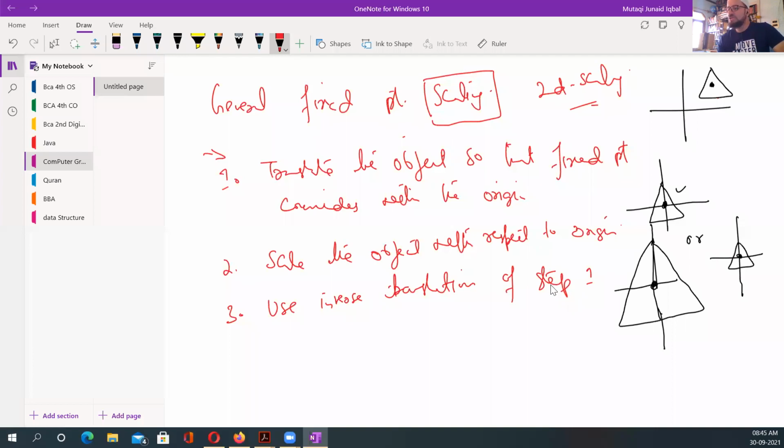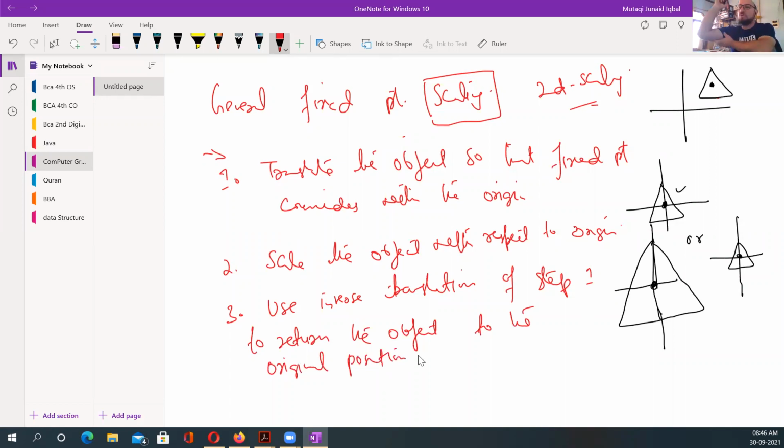So use the inverse translation of step 1 to return the object to the original position, the fixed point, wherever it was.